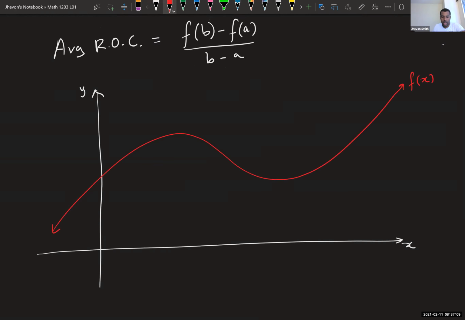And let's say the interval that I care about is here, a and b, just chosen at random. Now, of course, when you trace up and hit that point, the corresponding y value is going to be f of a. And of course, when I go up here and hit that point, it's f of b.